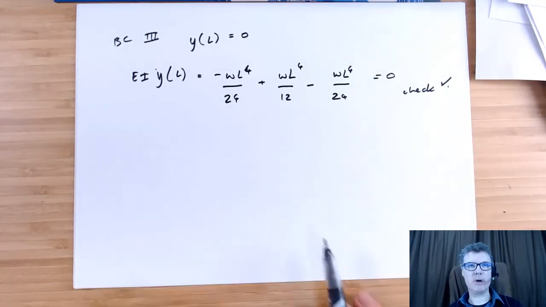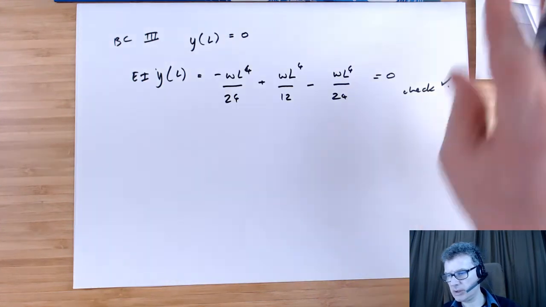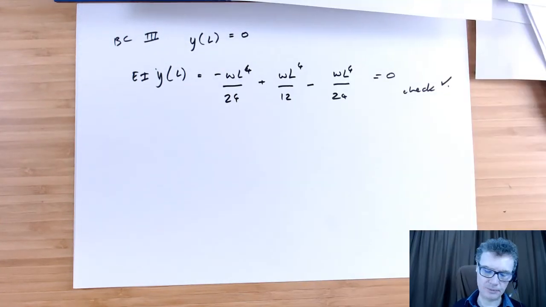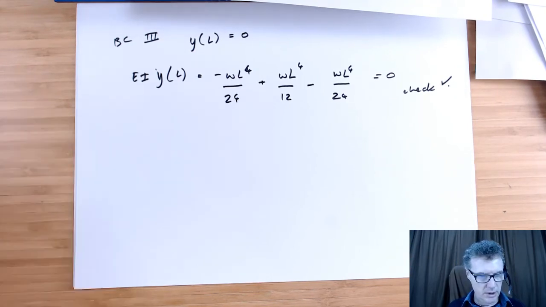Alternatively, we could have used that boundary condition to find C2, I guess. No, we'd probably use it to find C1. Okie dokie.